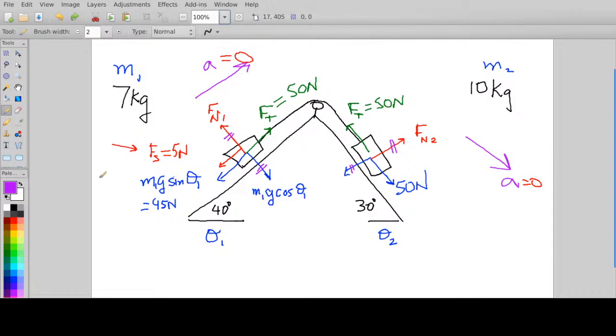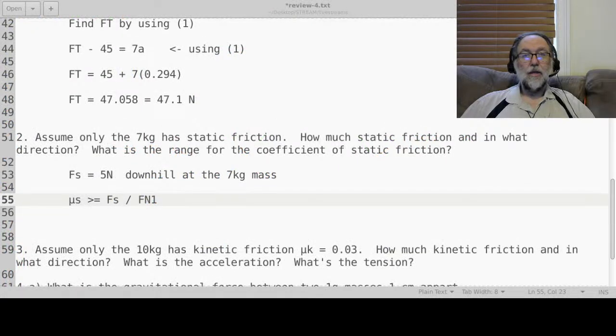We need it because that comes into the formula, and we can get it because this force here has to balance against that force there. So if we calculate this one, the perpendicular component of gravity, then we have that one, the normal force. So let's do that next. All right, I'll copy and paste that.